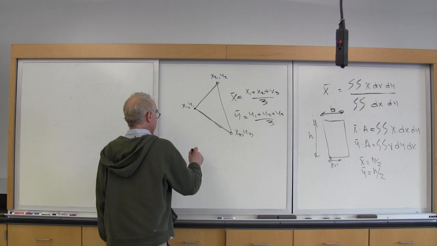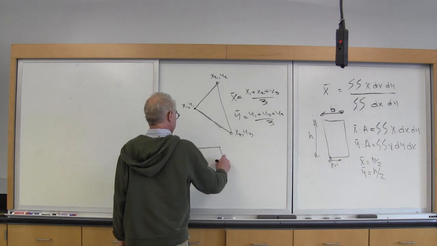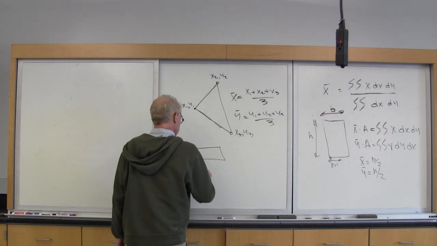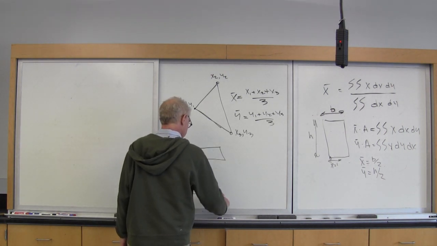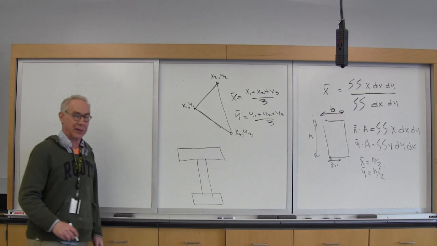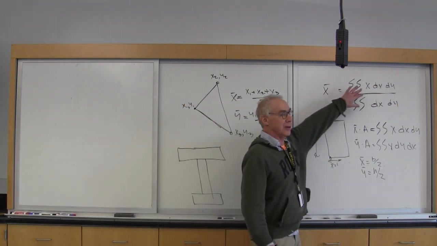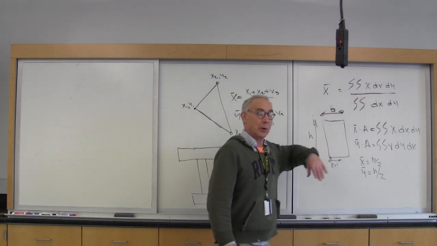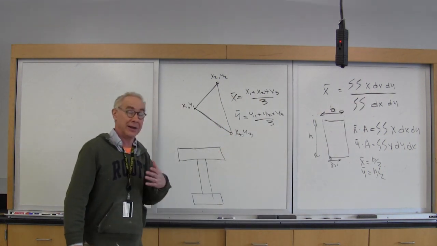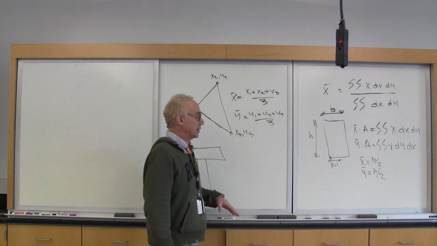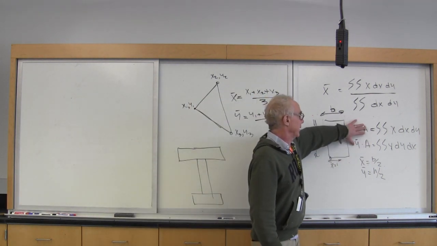We're going to show you how to evaluate the centroid of what you might think of as complex shapes. We could do this formally using this kind of integral, or what I'm going to show you in an instant is a simpler way of doing that, which takes advantage of this relationship.